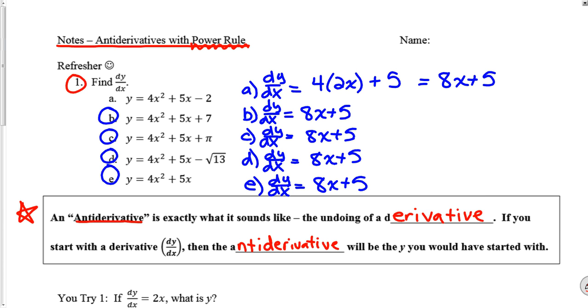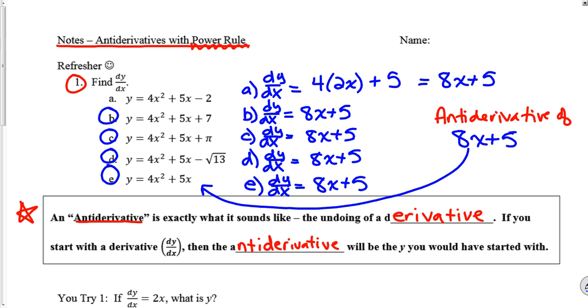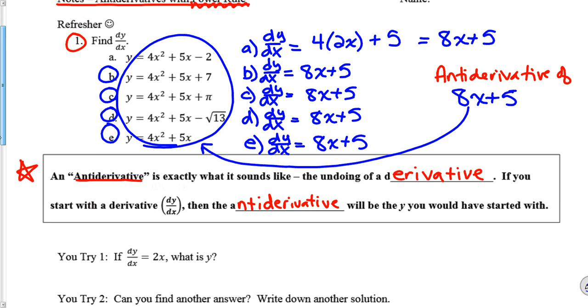So what I mean by that is, if we take the antiderivative of 8x plus 5, we should get one of these over here, the y I started with. Now, we're getting a little bit ahead of ourselves, so let's move on down to the you try 1.